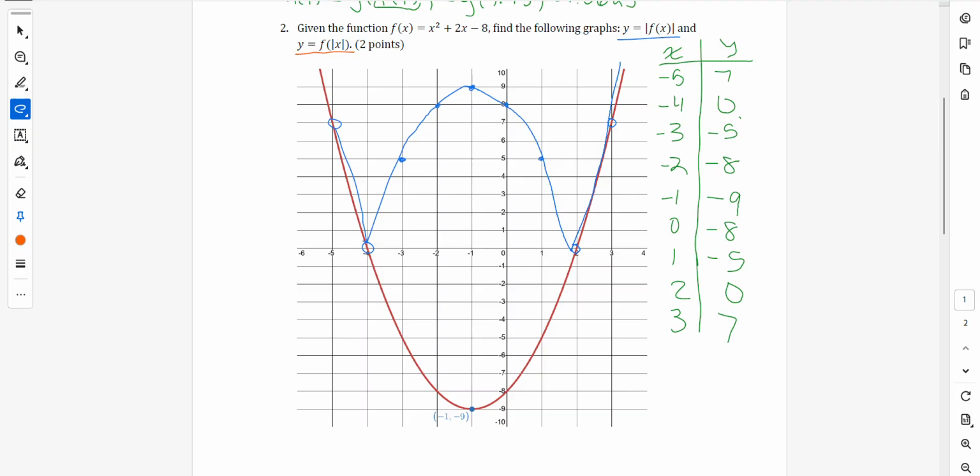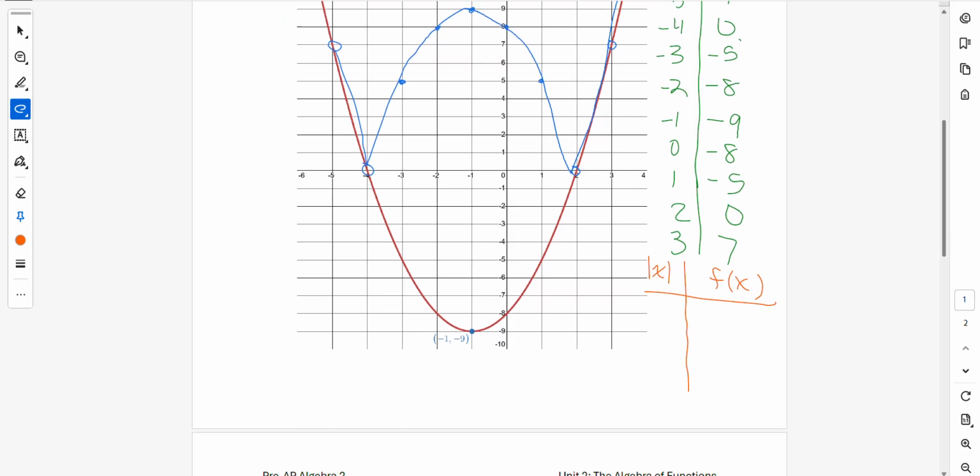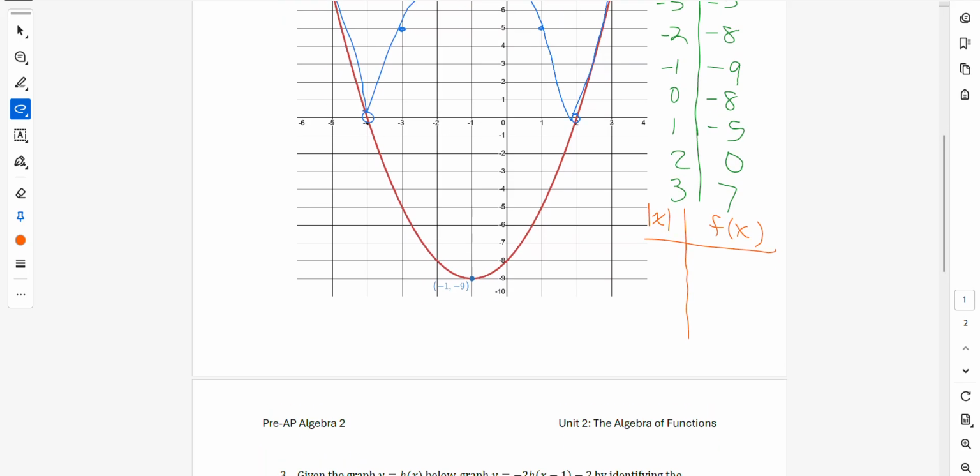Yep. Good. So I would create a second table. Now the thing that is peculiar about this is that you can't use all of the points. You essentially have to start at -3.